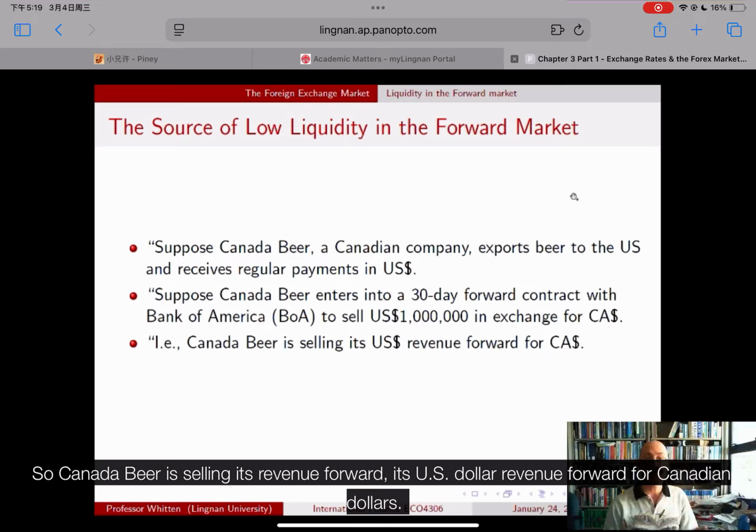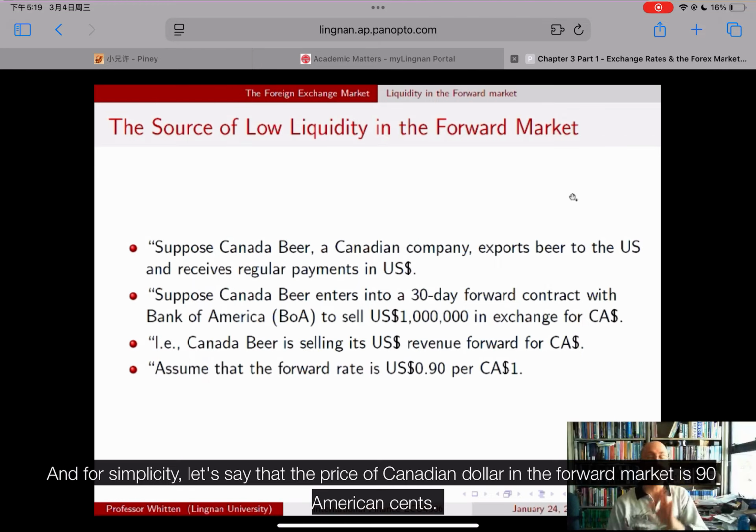So Canada Beer is selling its US dollar revenue forward for Canadian dollars. And for simplicity, let's say that the price of a Canadian dollar in the forward market is 90 American cents.